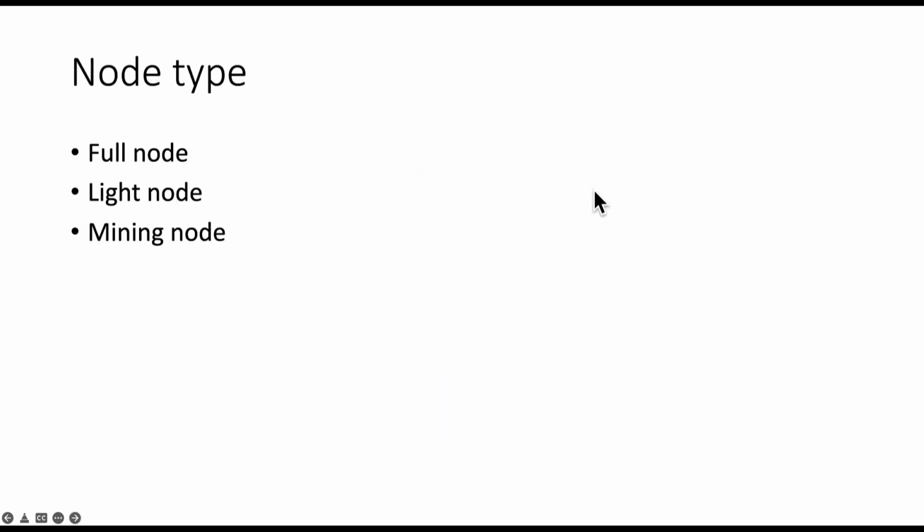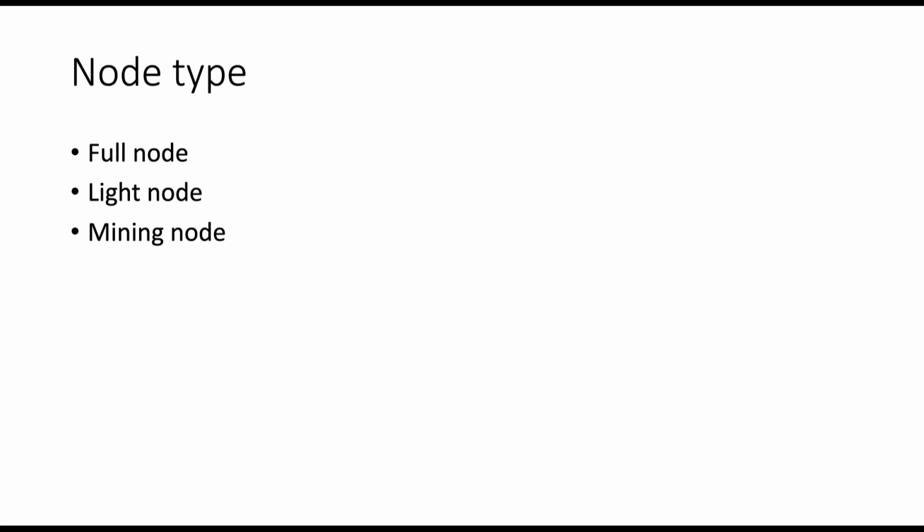Actually, there are three types of nodes in blockchain: full nodes, light nodes, and mining nodes. A user can decide what kind of node they want to be, what kind of responsibility they want to take, when they join the blockchain.